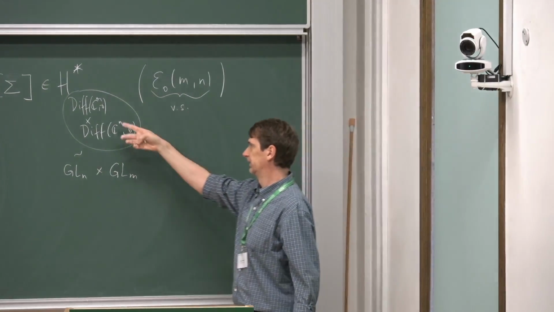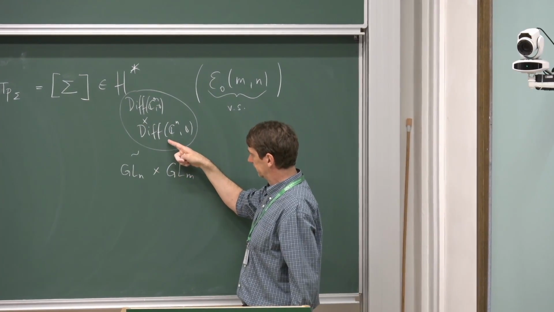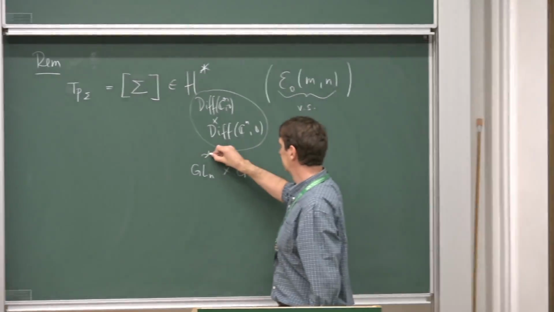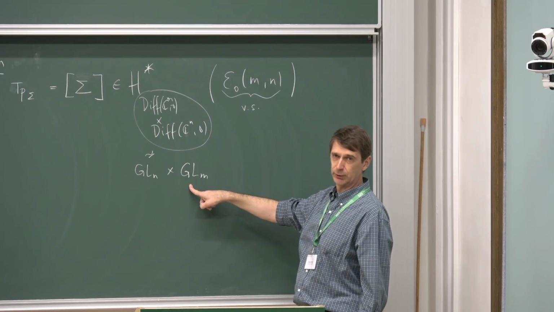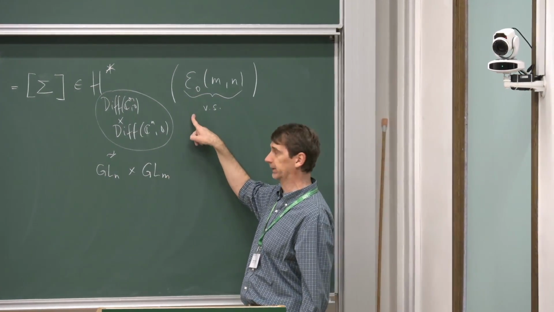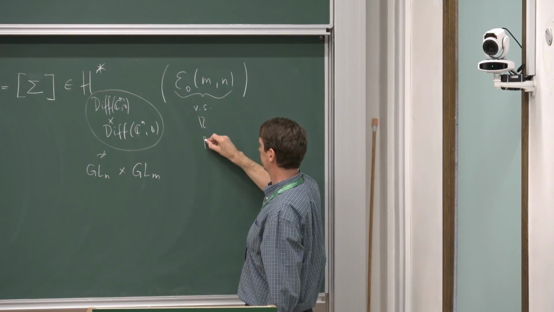And you know that equivariant cohomology doesn't detect difference between homotopy equivalent groups. So it really lives in the GLn cross GLm equivariant cohomology of a vector space. In other words, GLn cross GLm equivariant cohomology of a point, because this is also homotopy equivalent to a point.